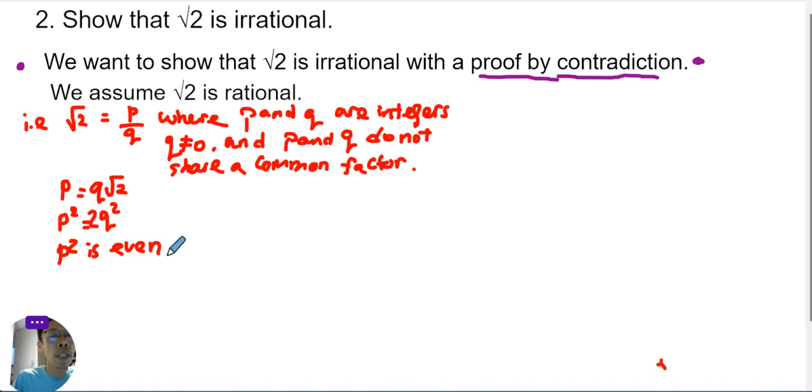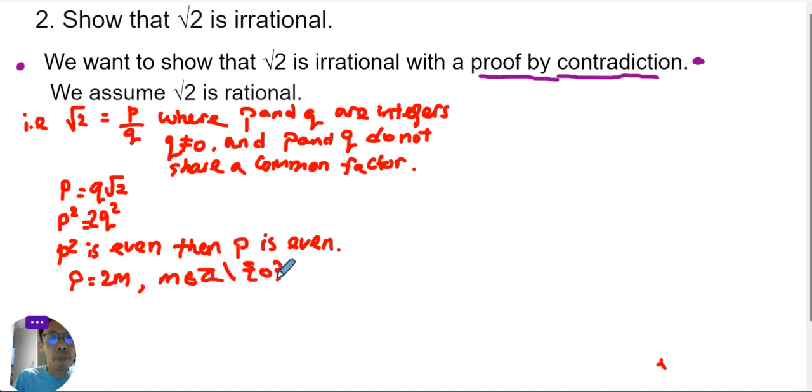And if P squared is even, then we also know that P is even. If P is even, then P can be written as a multiple of 2. So P in this case is 2m, where m is an integer that is not 0. So this is the first part.